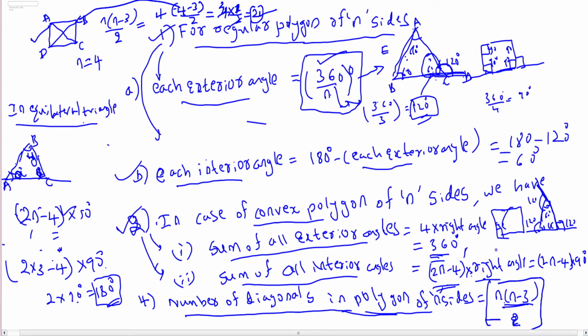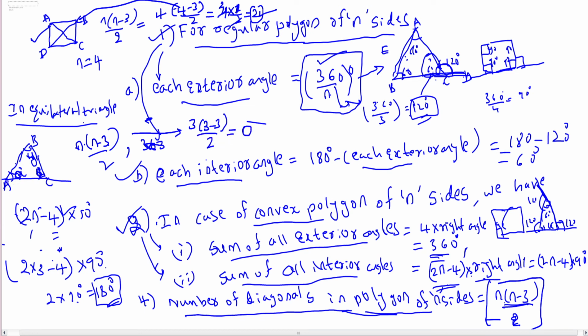You can check it even for this triangle also. Here n is equal to 3, so 3 into 3 minus 3 upon 2 becomes 0.